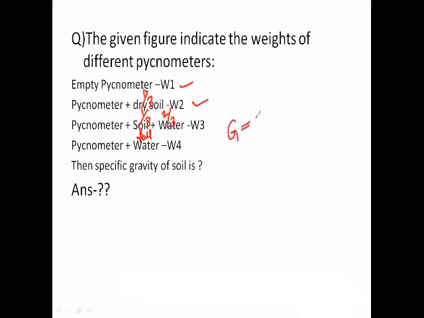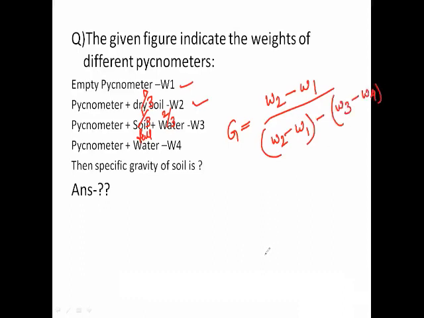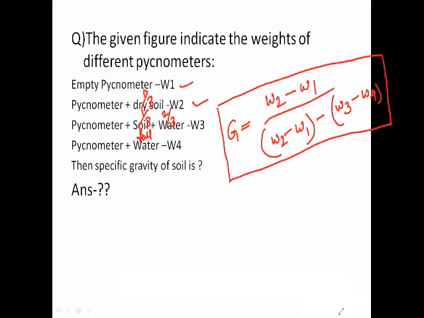The pycnometer test is performed to find the specific gravity as well as the water content. The formula is W2 minus W1, all divided by W2 minus W1 minus W3 minus W4. So this is the answer.